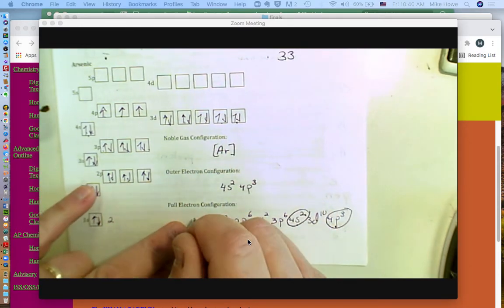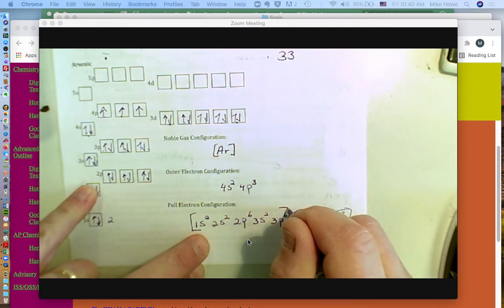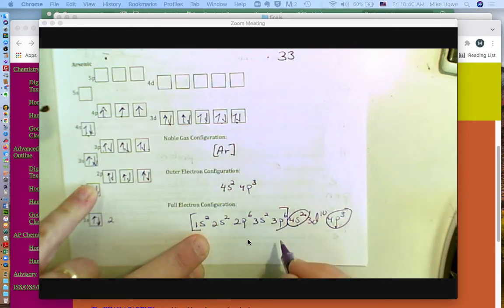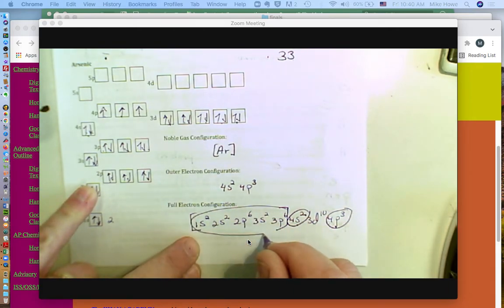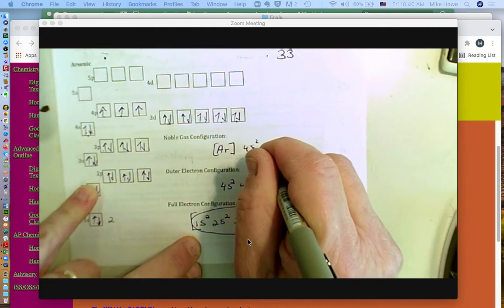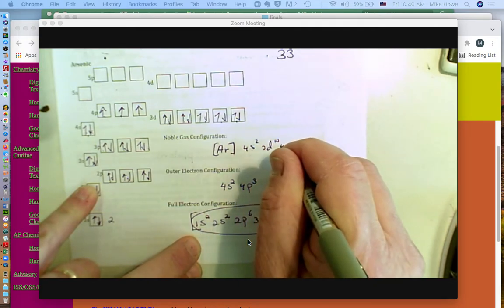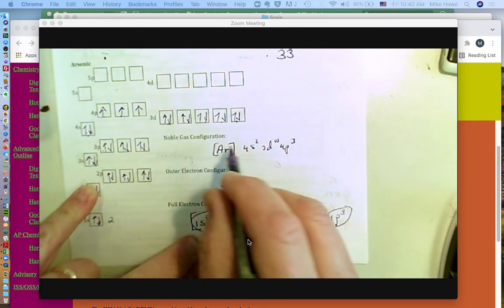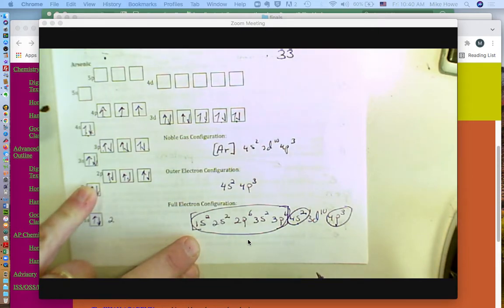In other words, it covers all of this. So the stuff in these brackets here and that mean the same thing. So what's left over is 4s2, 3d10, 4p3. So that would be the noble gas configuration for arsenic.